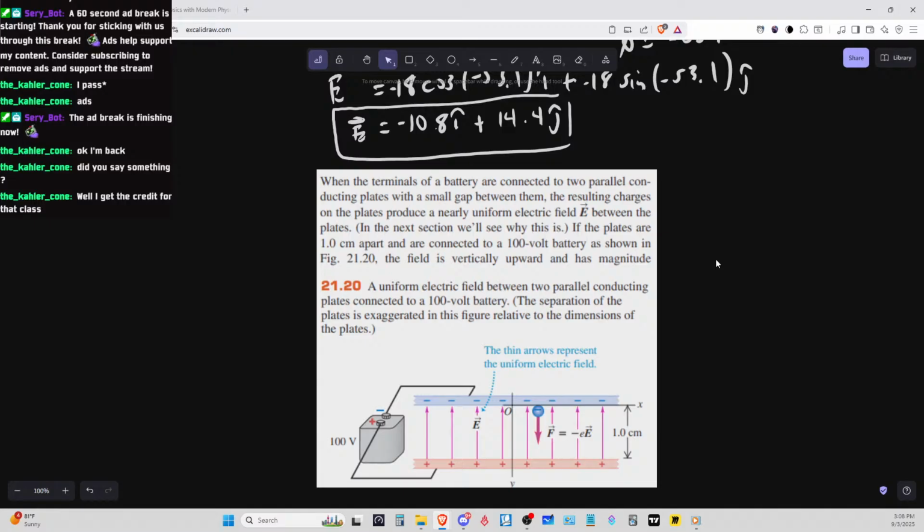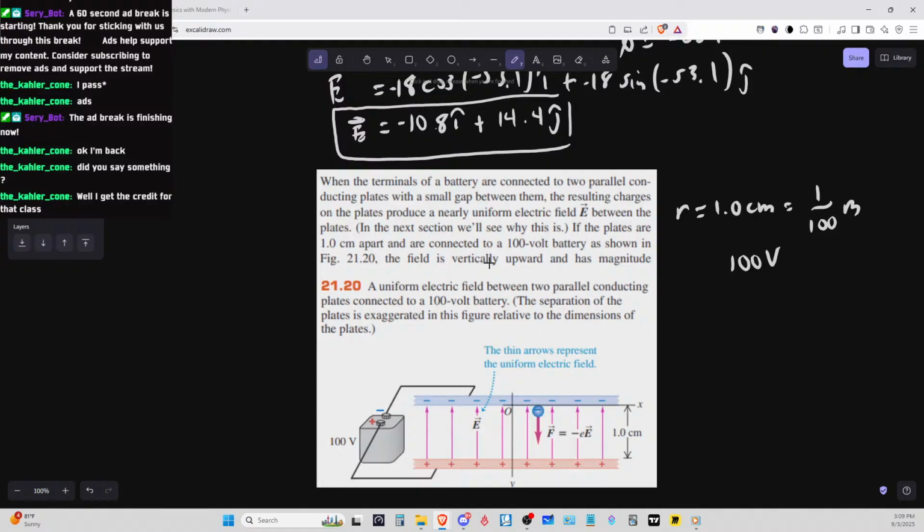If the plates are 1.0 centimeters apart, which would be 1/100 meters, and are connected to a 100 volt battery as shown in the figure.